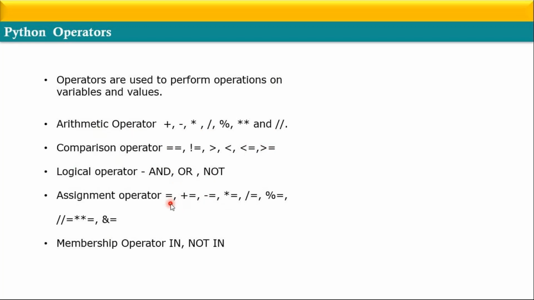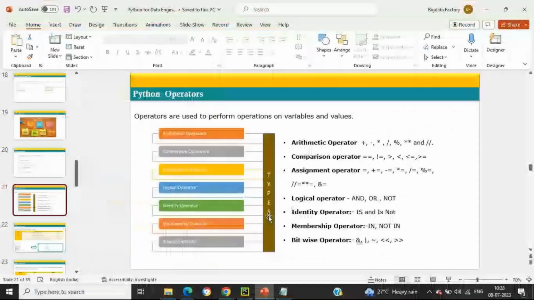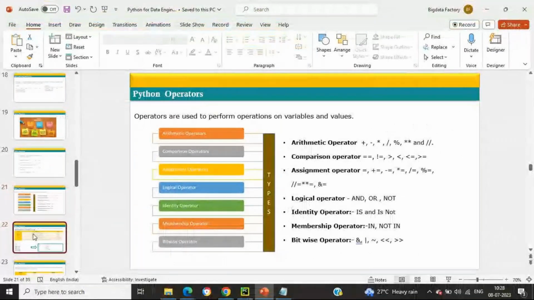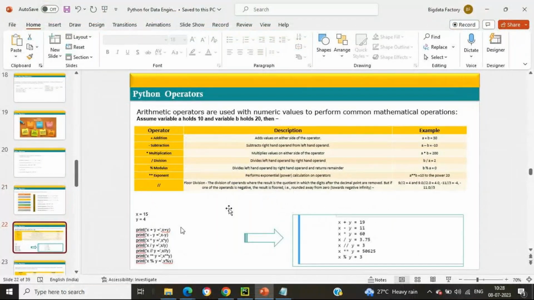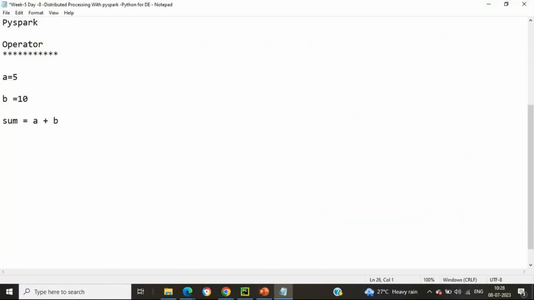Assignment: like equal to, plus equal to. Membership: in, not in a particular collection. To learn these operators in a good way, try to go through these operations.